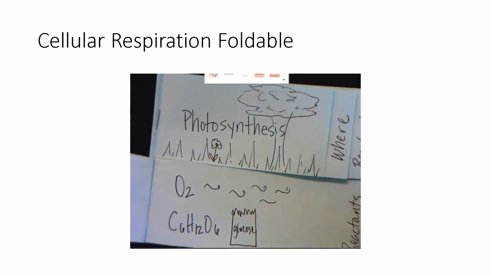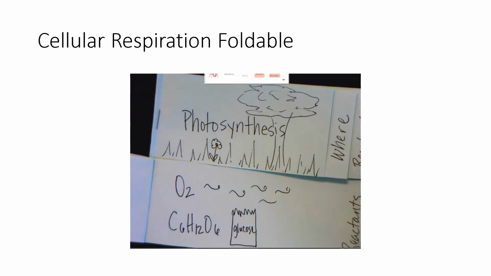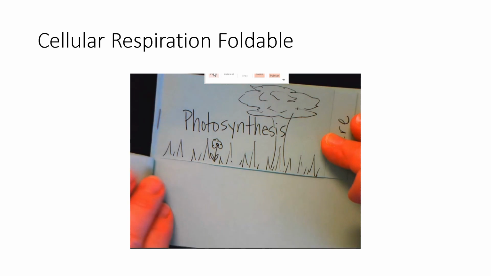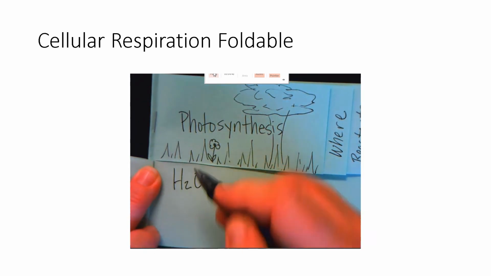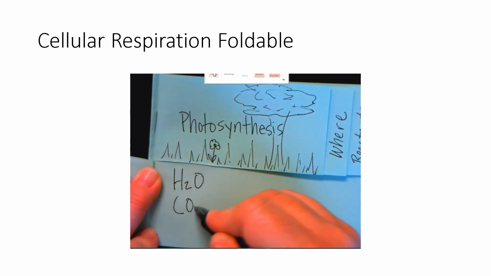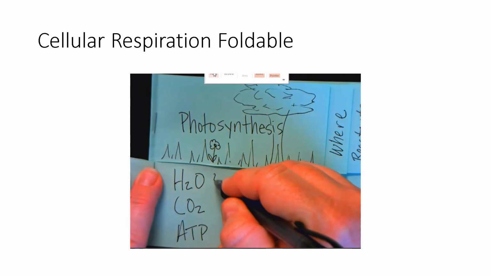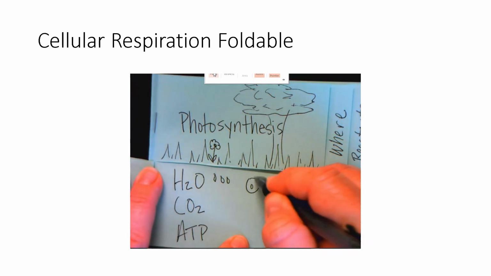Okay. I'm now going to look at products. Y'all ready? Products. Go to products. Three products: H2O, CO2, and ATP. H2O, again, will represent with some little water droplets. I'm going to draw the oxygen with the two hydrogens just to remind me.